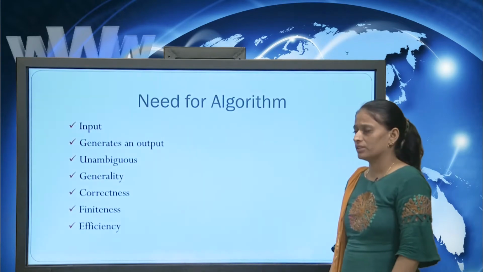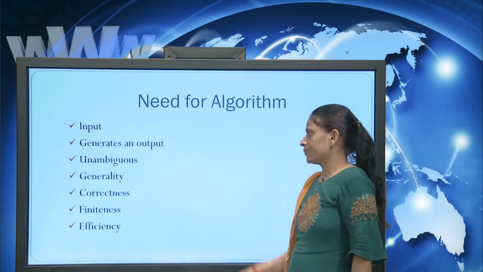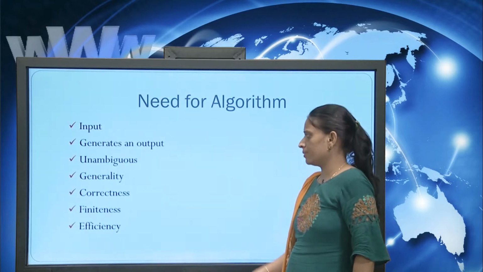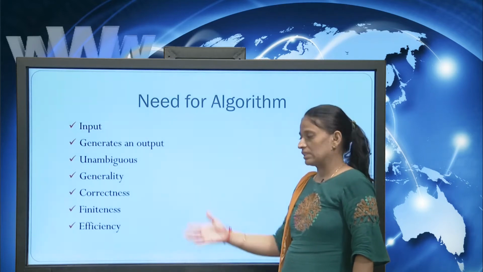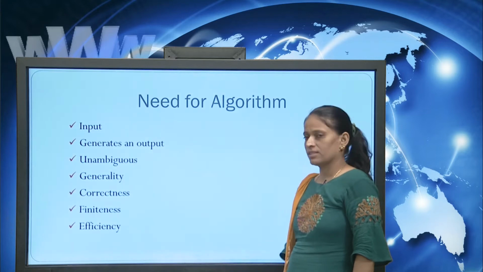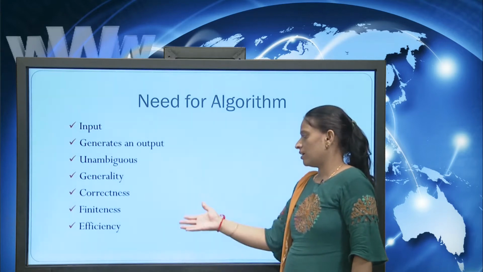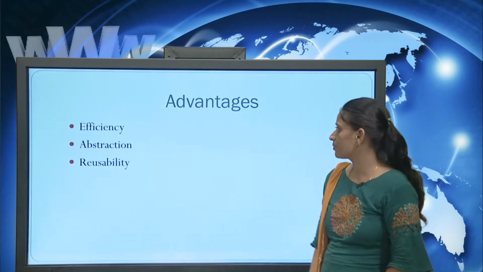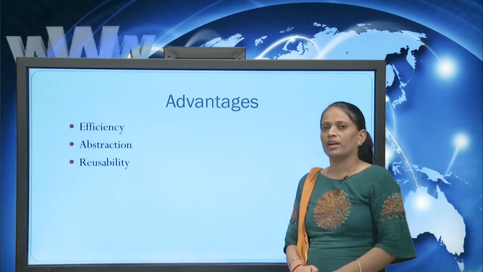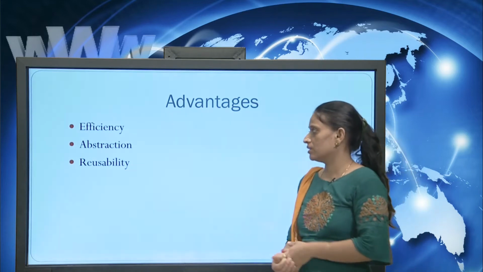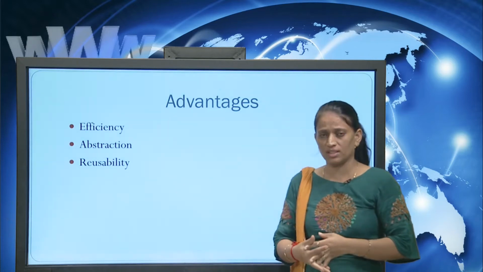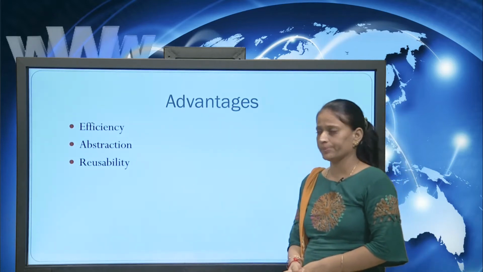The basic needs of algorithms are input, output generation, unambiguity, generality, correctness, finiteness, and efficiency. The basic advantages of an algorithm are that it provides efficiency for solving a specific problem.